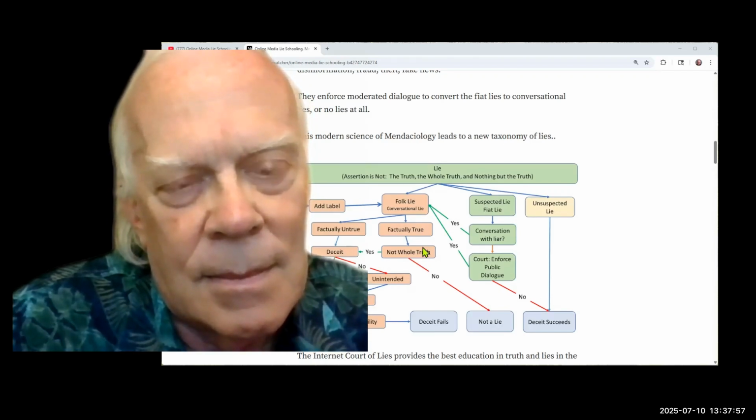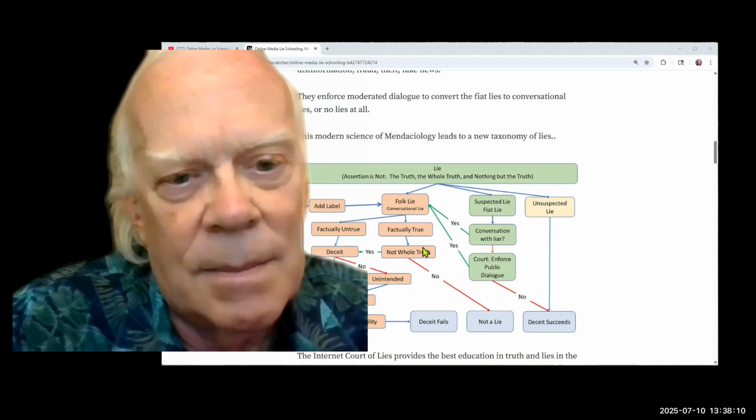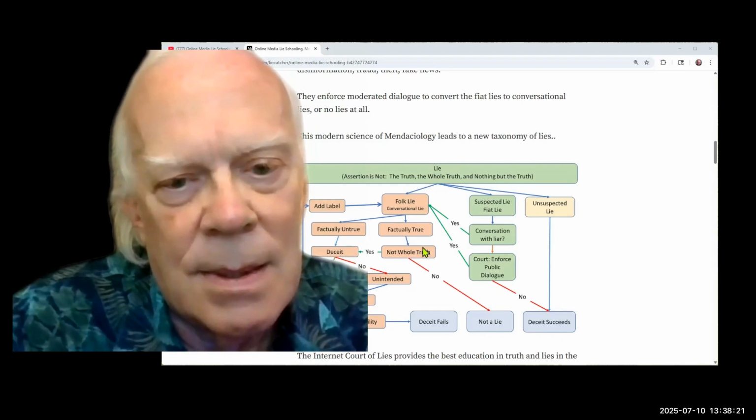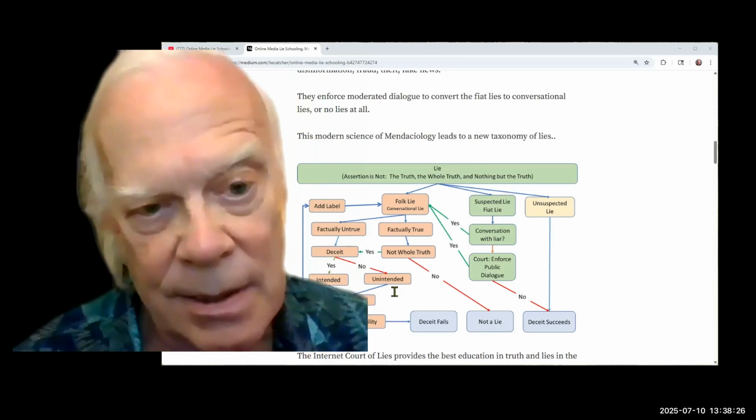If I tell my 5-year-old son that the earth is flat, and he goes and tells his 5-year-old friend that the earth is flat. I know the earth is not flat, and I just told him the earth is flat. I lied to him. He tells his friend, 5 years old, that the earth is flat. There's no intention to. So if I look at your taxonomy, I just want to understand. So that would be an unintended deceit.